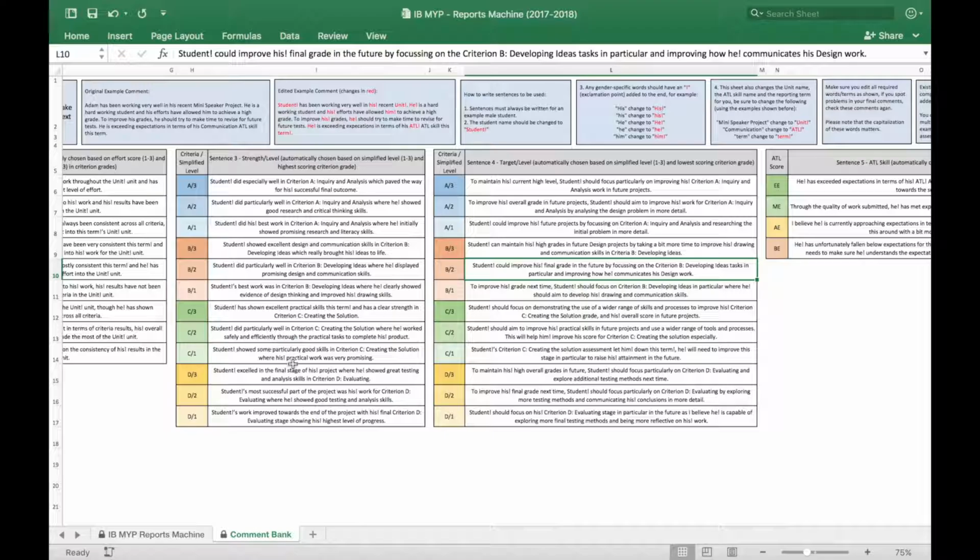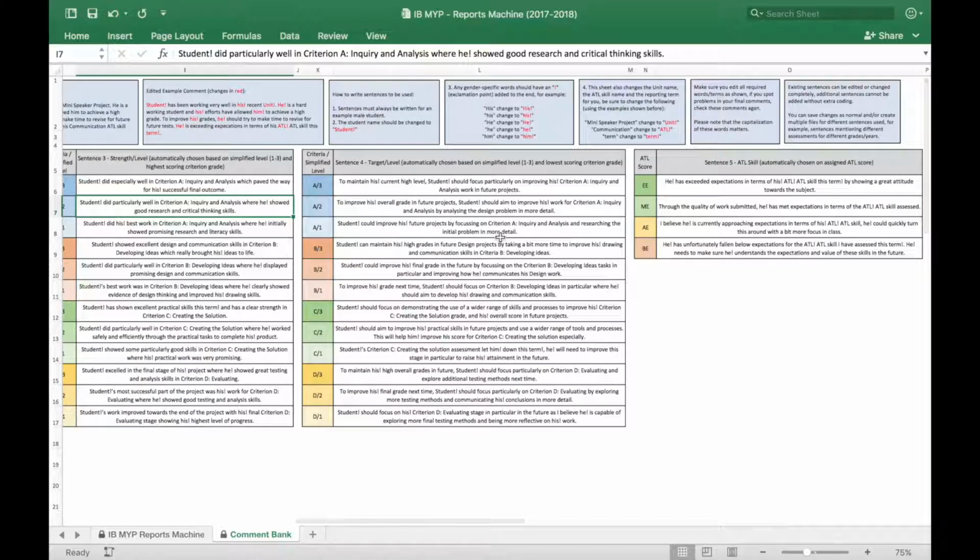You could even use the same kind of layout and language I've used, but just change how, if he's doing well in criterion A for maths, for example, you could say, well, what is special about his work in criterion A? What kind of skills has he been showing to get that as his strength?